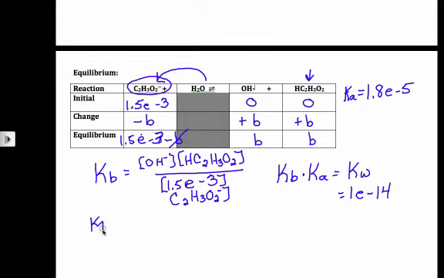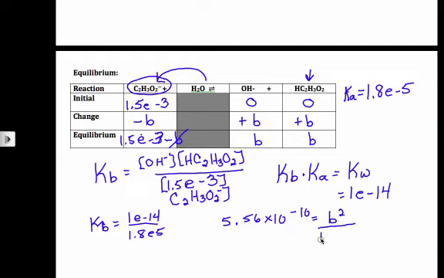So my Kb is equal to 1 times 10 to the minus 14th over 1.8 times 10 to the minus 5th. So now I can substitute in. If you do that math, you get 5.56 times 10 to the minus 10 is going to be b squared.